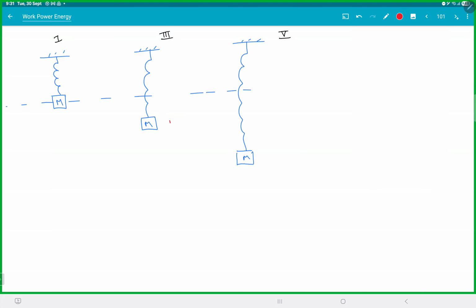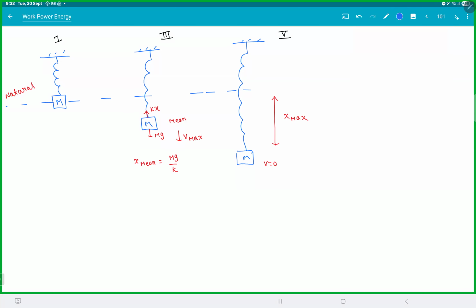Basically, this is your mean position or equilibrium position. Here kx is equal to mg, you have maximum speed here. x mean is mg by k. This is where v is 0. This is your maximum elongation.